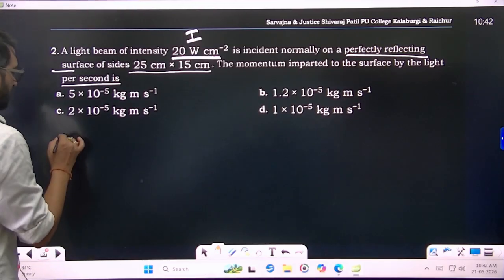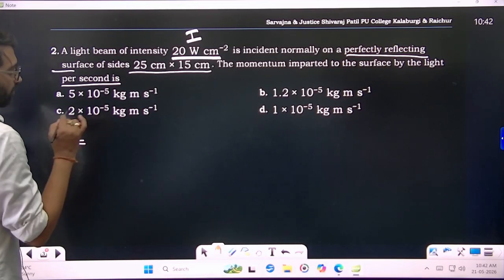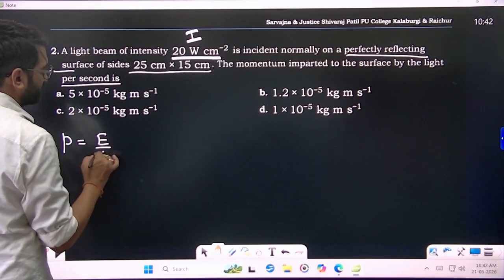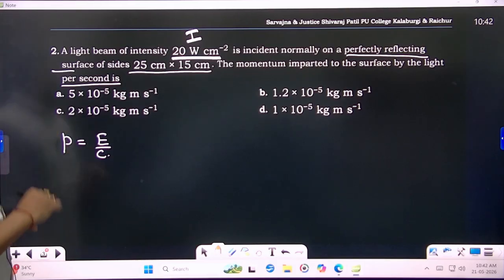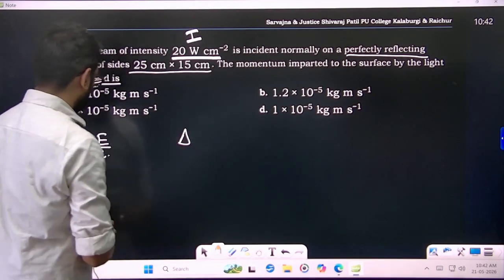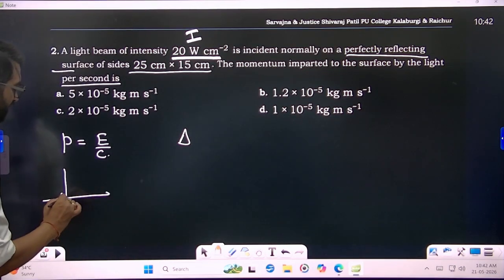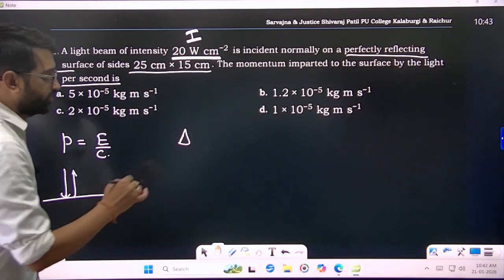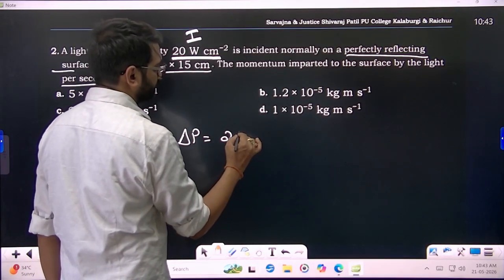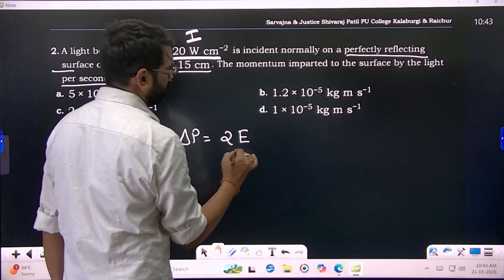So momentum of a photon is given by E by C. For a perfectly reflecting surface, when the photon falls on it and gets reflected normally, the change in momentum will be equal to 2 into P, which is 2 into E by C.